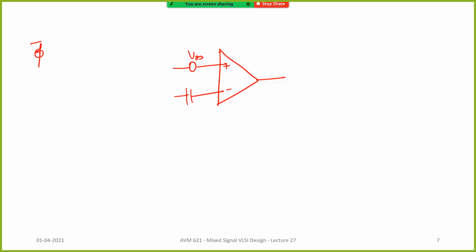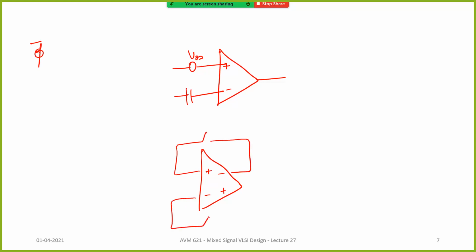So let us go to differential systems, the same thing can be done using differential systems. Okay. So in differential systems, what will you have? You'll have this negative feedback, right? And then you will say, okay, I am putting two capacitors and both of them are connected to ground, or let's say both of them are connected to VCM, right?